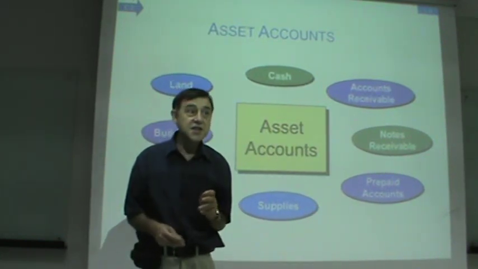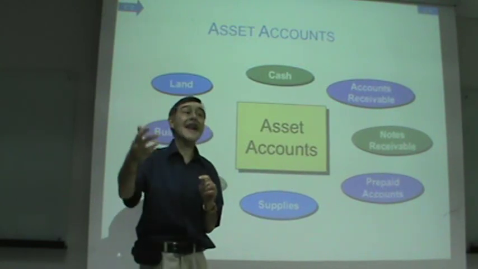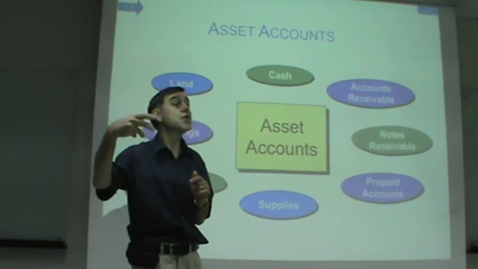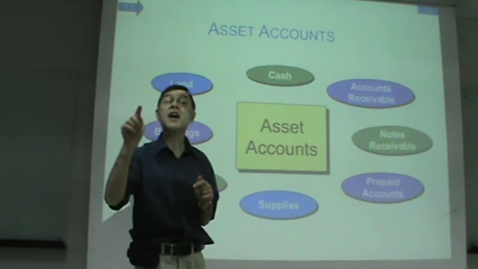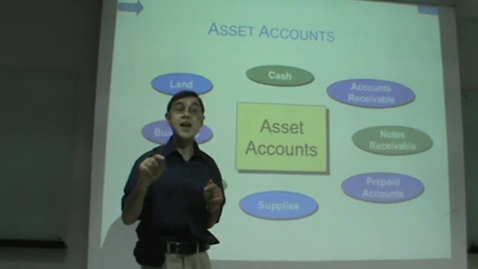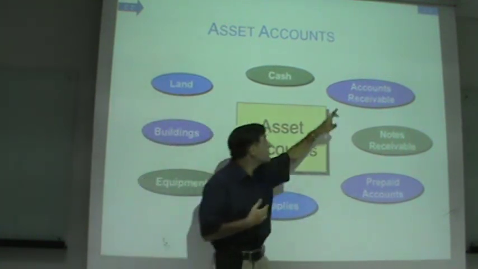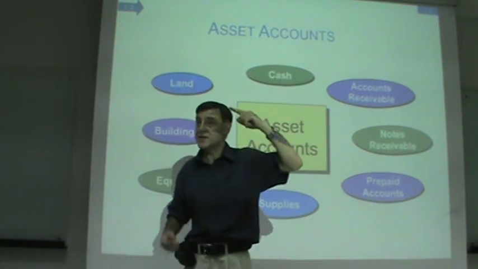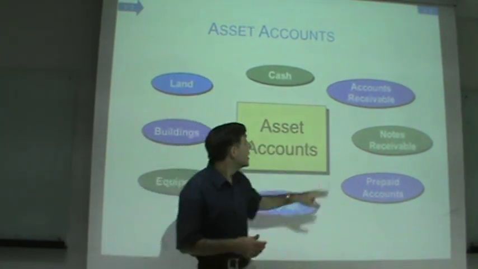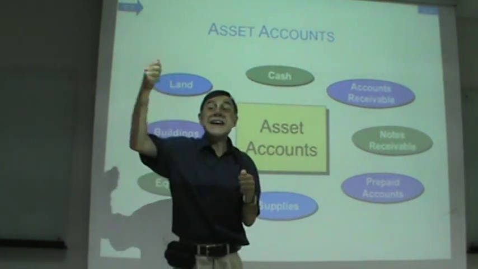This is money that you will be collecting because you made a sale to a customer on credit, okay? We also say on account, okay? That's why it becomes accounts receivable. I already explained this last time. Let me repeat. An account is usually a customer.